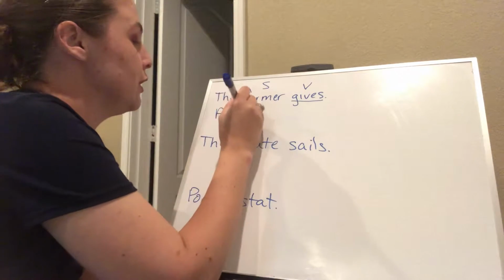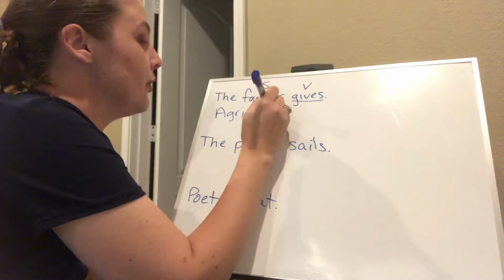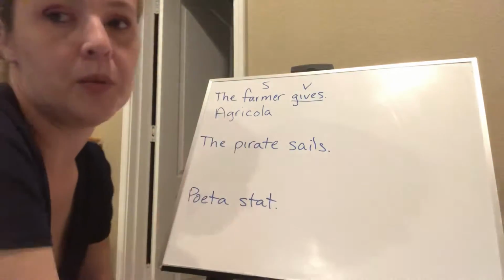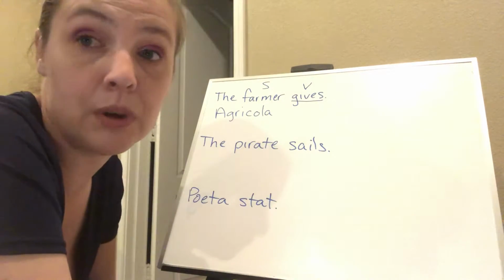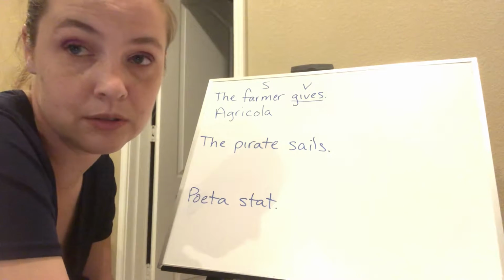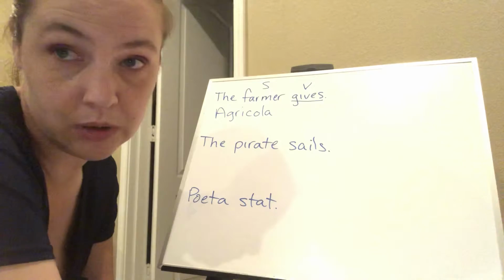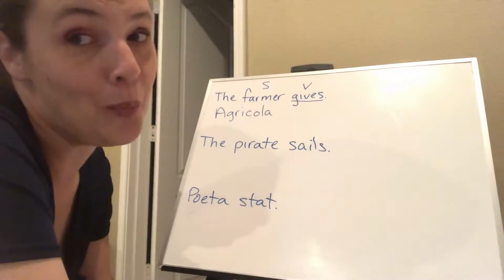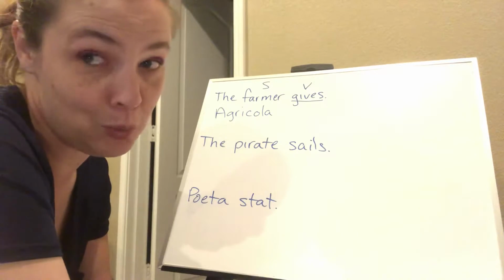Okay, so if you said nominative, good, you're on the right track. So, agricola. We know that that is our subject, and he is doing an action. Now, tell me about agricola. Number. What number would that be? Is it singular or is it plural? One or more than one? One. One farmer, okay? Hopefully you said one.